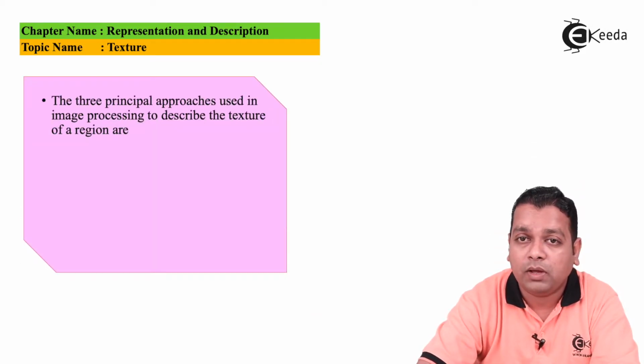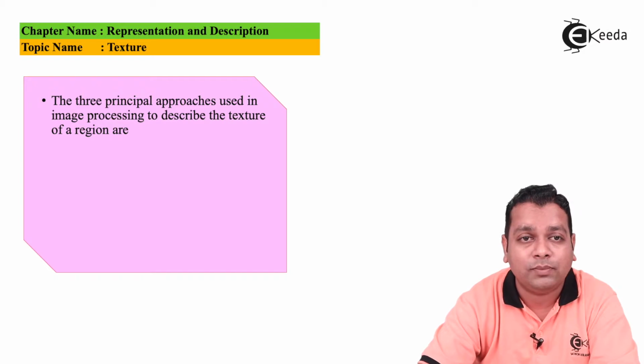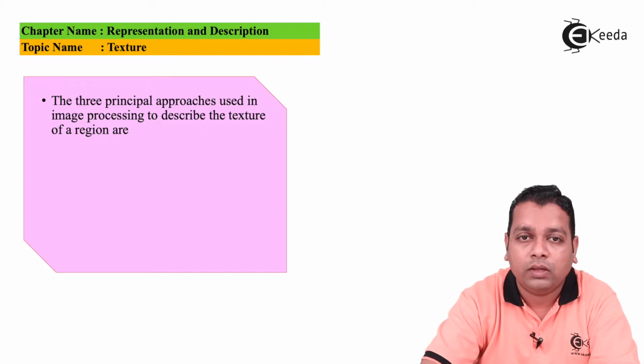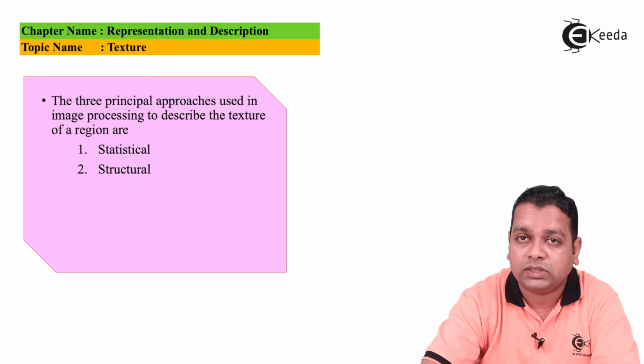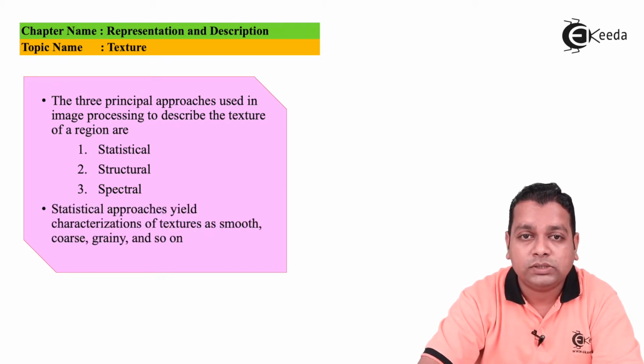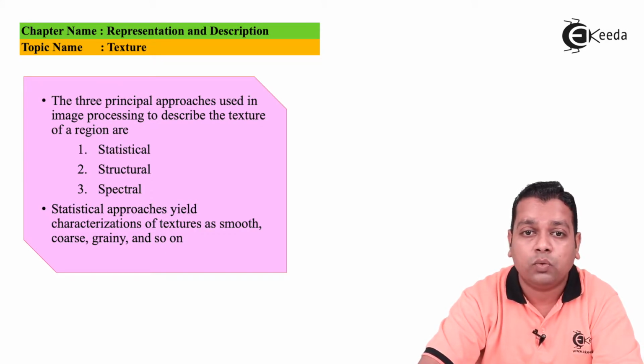Now the three principal approaches used in image processing to describe such different texture of a region are: the first one, the statistical approach, the second one, the structural approach, and the third one, the spectral approach, which we shall follow throughout the discussion in this video. The statistical approach yields the characterization of textures as smooth, coarse, grainy and so on.